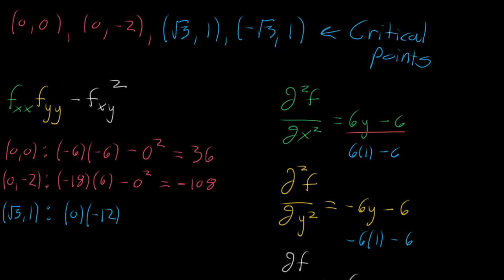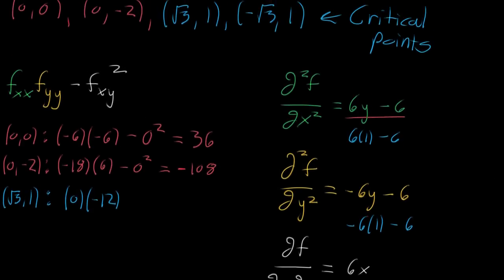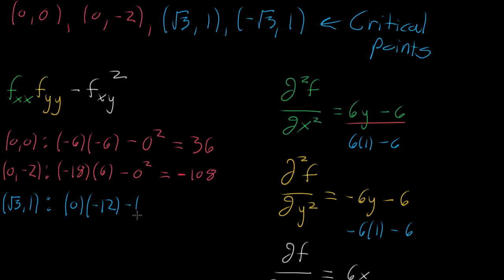And now for the mixed partial derivative term, which is 6x, x is equal to the square root of 3, so now we're subtracting off the square root of 3 squared. What that equals is, this first part is just entirely 0, and we're subtracting off 3, so that's negative 3.